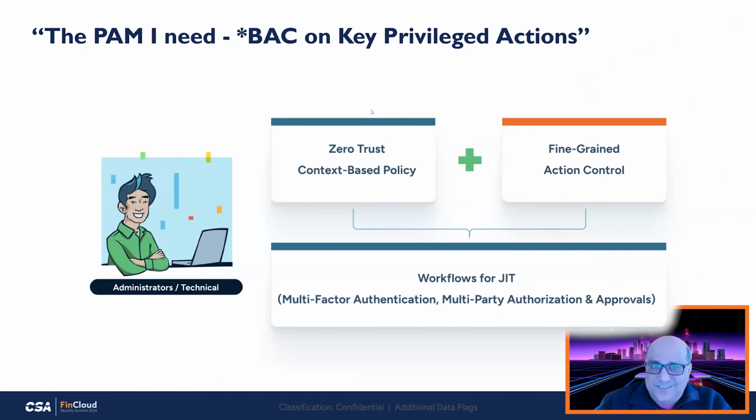One of our customers really encapsulated it, where he said, the PAM I need is Starback. I don't want to talk about RBAC. I don't want to talk about ABAC because depending on context, that can change. But Starback on key privileged actions.